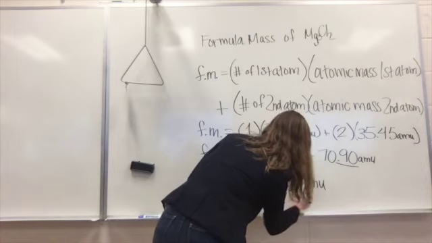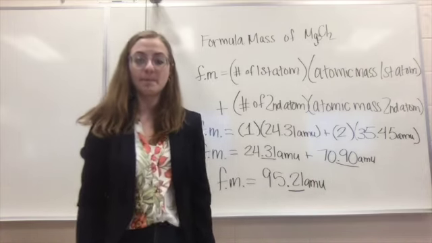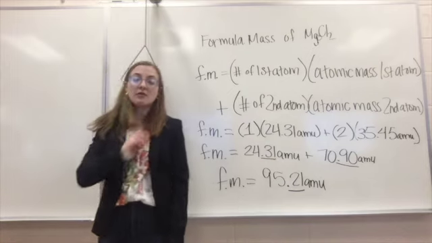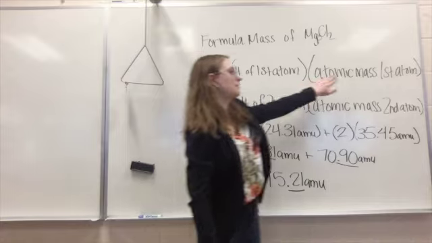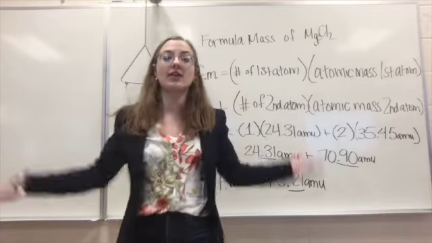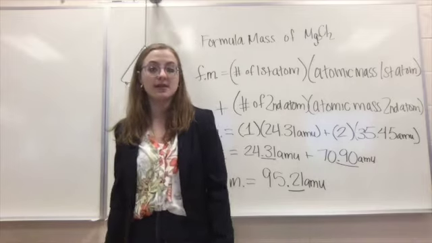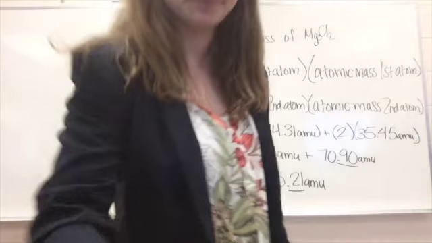And I know that I have the correct number of significant figures because I have 2 decimal places, okay? So when we're calculating our formula mass, we're just using the number of atoms we have times the atomic mass of that element, and we add them up for all the kinds of elements we have in our formula. So there's the formula mass of magnesium chloride.